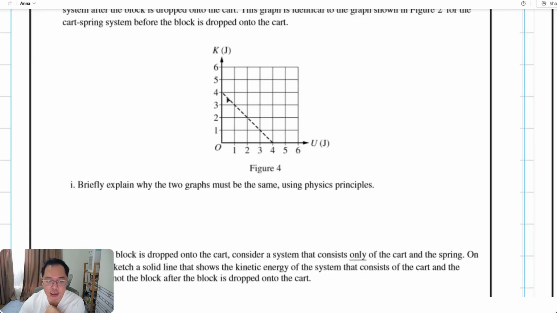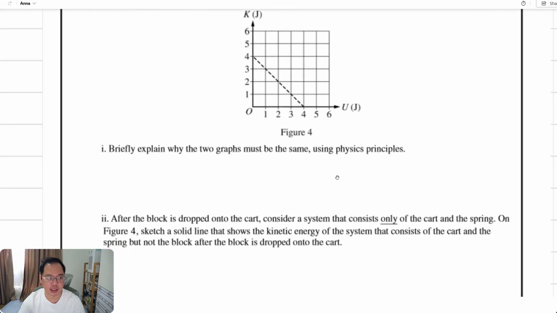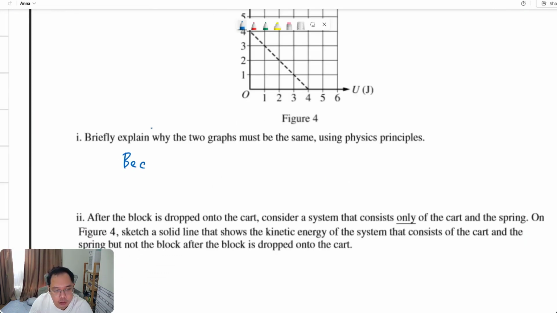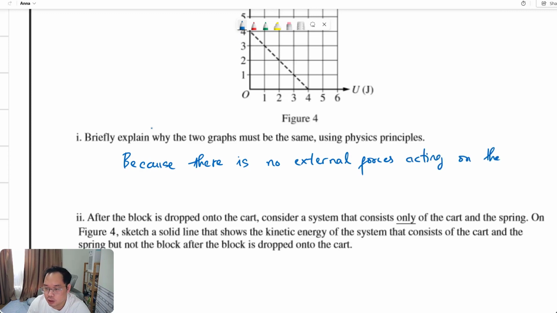So we see that the relationship between kinetic energy and potential energy is a linear relationship, a straight line. So the energy is conserved the same, as I already mentioned. And the answer to this: because the collision occurs in the vertical direction, there is no external force acting on the system, but only the internal forces on the system.